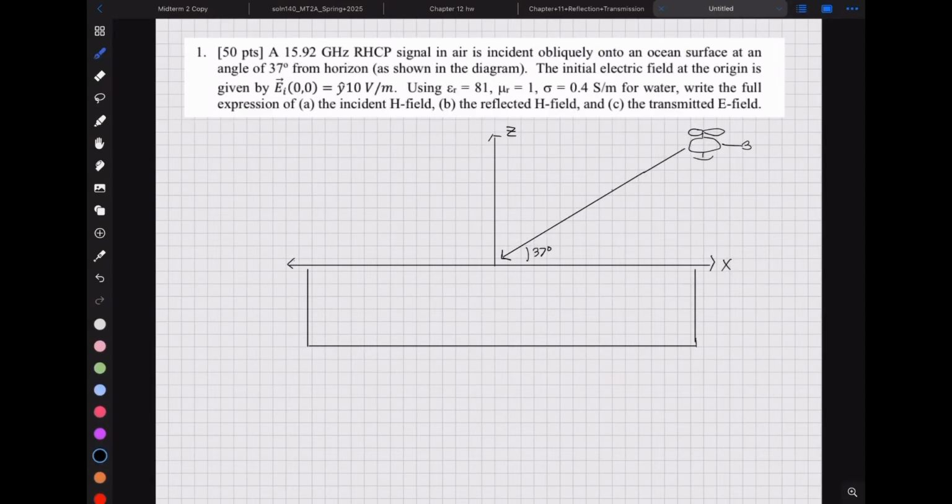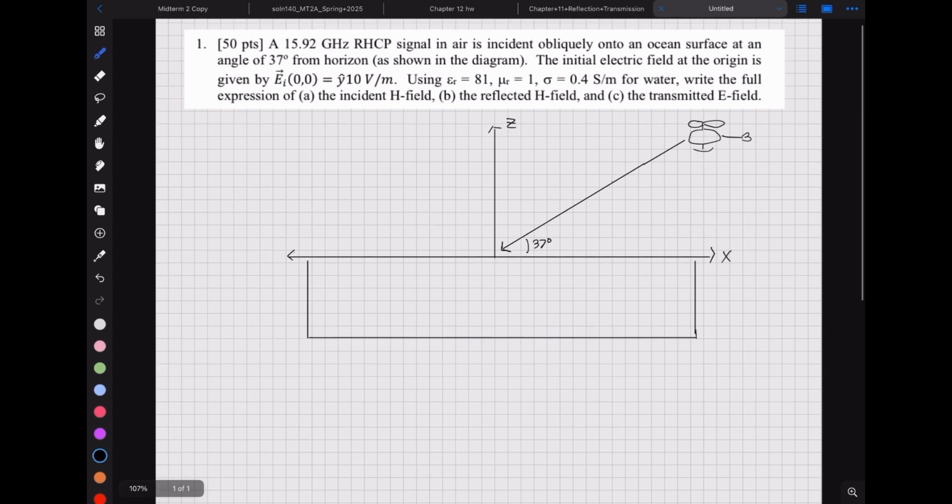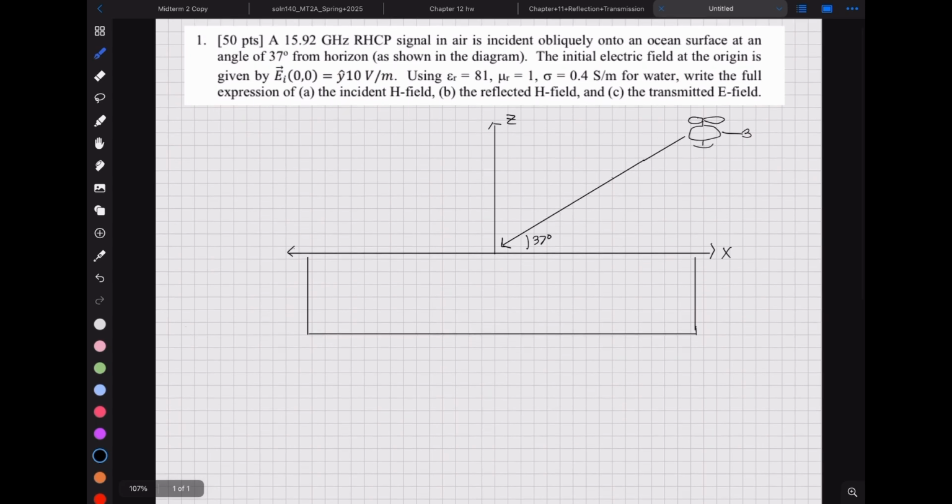We will be doing midterm 2, problem 1A. So I'm going to work with the givens. So we have 15.92 gigahertz. Giga is 10 to the 9.